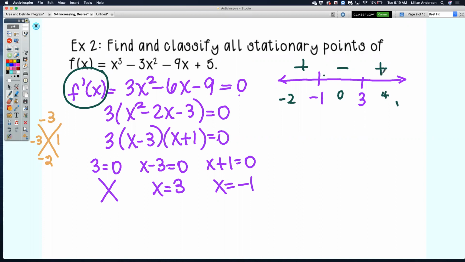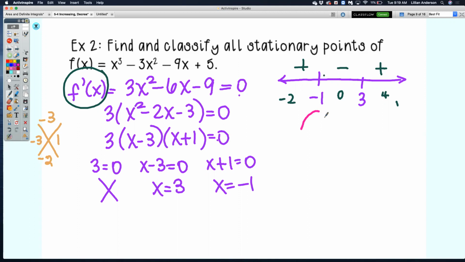So remember, not only does the sine diagram tell us where the function is increasing and decreasing, but it also tells us if we have maximums, minimums, or stationary inflection points. So at -1, what is happening here? If it's positive on the left-hand side, then negative on the right-hand side, it's a what?